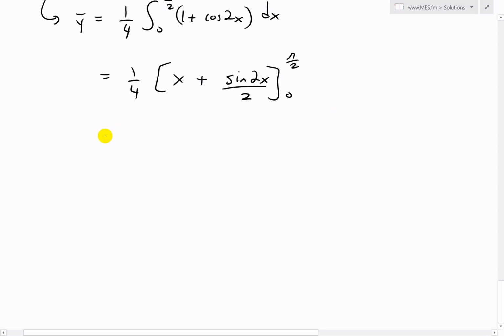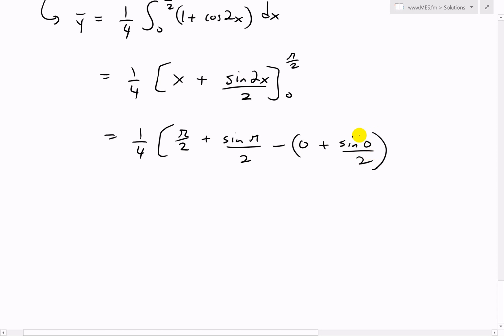Now let's evaluate this. 1/4, and then we have this pi over 2 plus sine of pi over 2 times 2, that's just sine pi, all divided by 2. Minus, put in the 0: 0 plus sine of 2 times 0, which is 0. And again, I already showed that sine of 0 is 0.